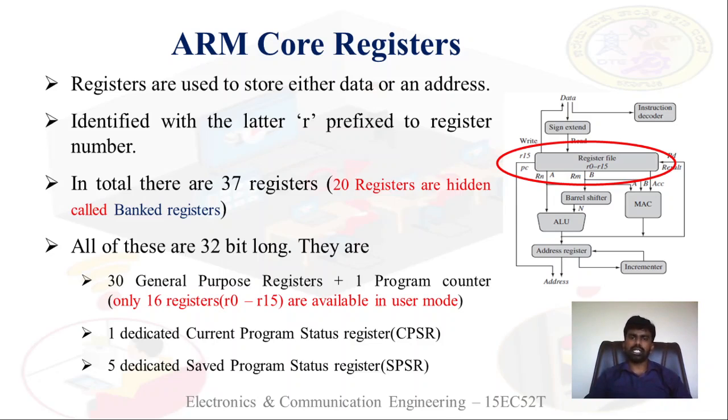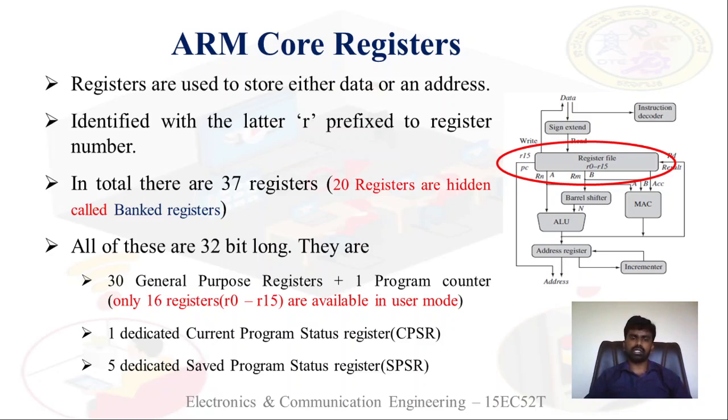The details of these banked registers we'll see in the upcoming lectures. Then all these registers available in the ARM core processor are 32-bit long. That means each holds 32-bit values.